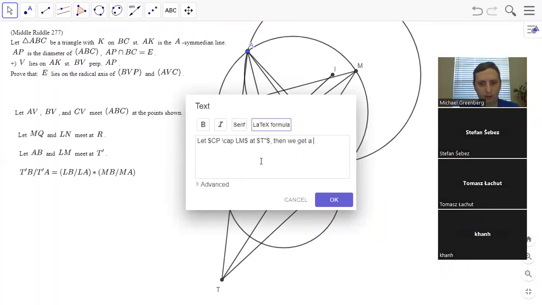Then we get a similar expression for T double prime B over T double prime A, which shows T prime equals T double prime equals T, i.e. AB, CP, ML concur.